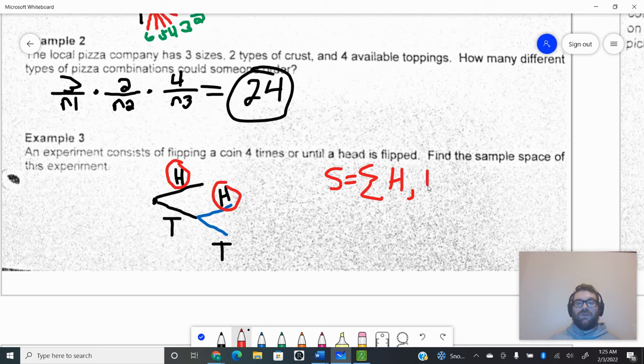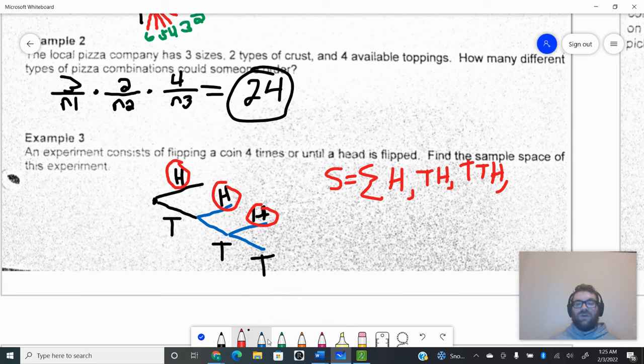We could have flipped a tails first and then a heads, and then we'd stop. If we flipped a tails, we would have kept going. And from that tails, we could have flipped a heads, or we could have flipped another tails. This was our 3rd flip, by the way. If we flipped the heads, we would have stopped and we would have gone tails, tails, heads. So that would be the 3rd in our sample space. Tails, tails, heads.